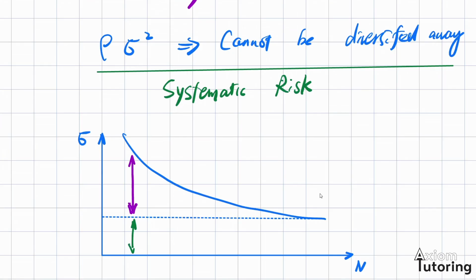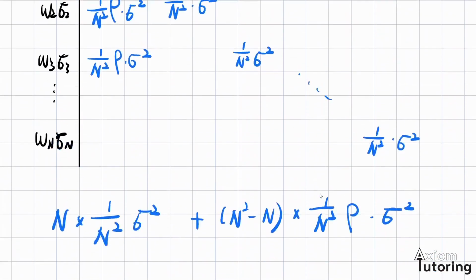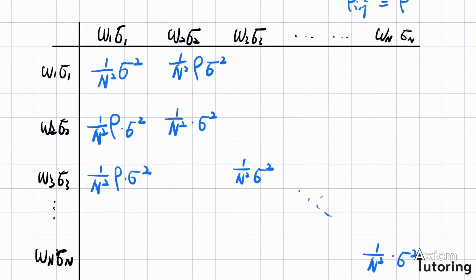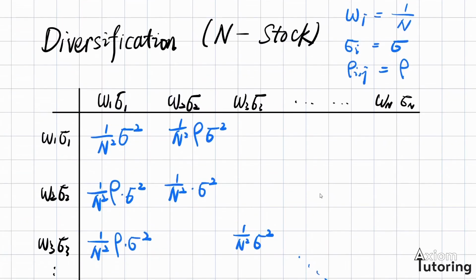Okay, so this is how we do the diversification, and we prove it with a very simple mathematical model. Although we have very extreme assumptions here, the essence of diversification, the logic and the rationale, follow. It's the same if we have different stocks with different weights, different standard deviations and different correlation coefficients, but the spirit follows, right?